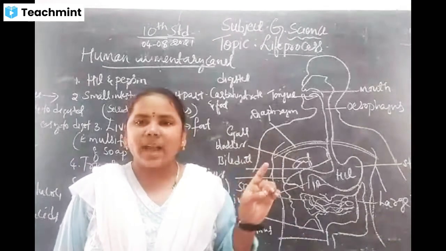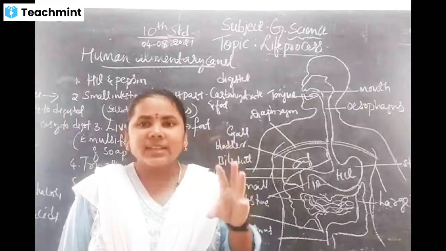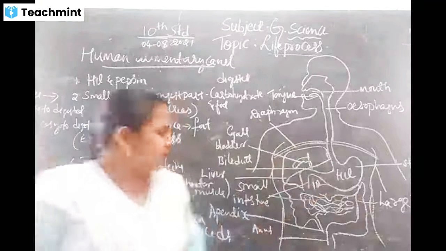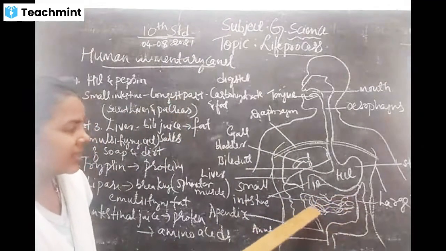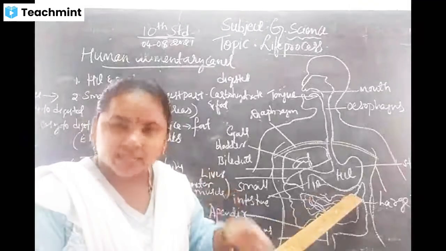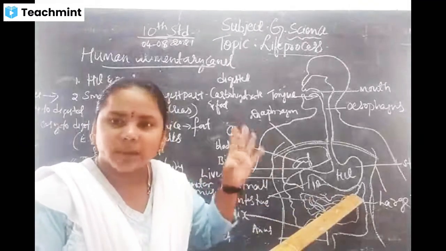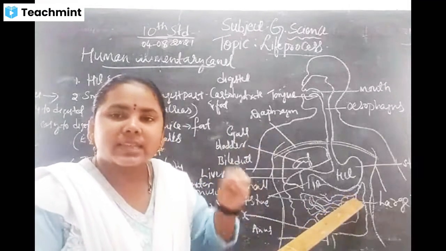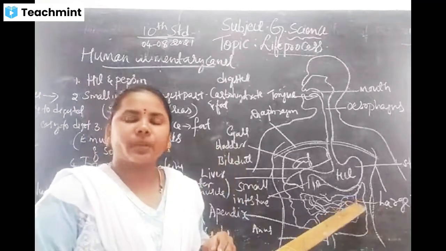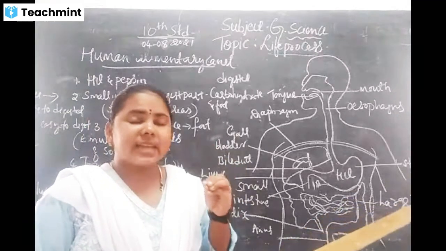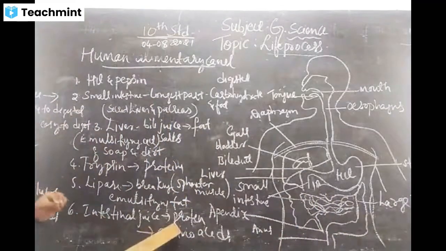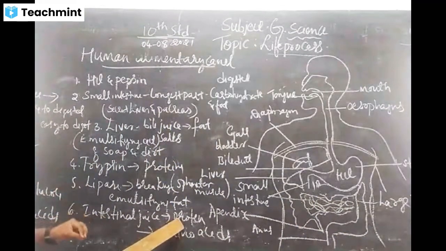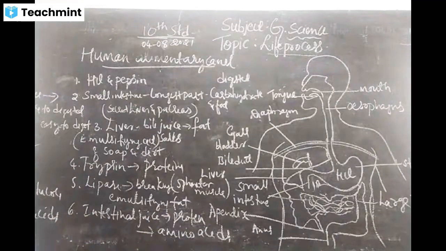At the end, what happens? Again the small intestine. Look at this small intestine. At the wall of the small intestine, a juice is secreted and released. That juice is called intestinal juice. The intestinal juice helps convert protein into amino acids.